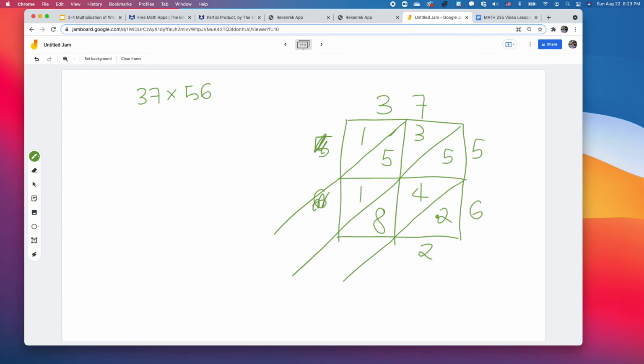So 2 in this diagonal, 5, 4, 8, 9, and 8, so 17, and that 1 ten carried over here, so add one more up here. 3, 5, 1, 1, 7 and 3, that's 10, so carried over here, so we have another 1 that makes 2, which is 20,726. 37 times 56 is 20,726. That's the lattice model.